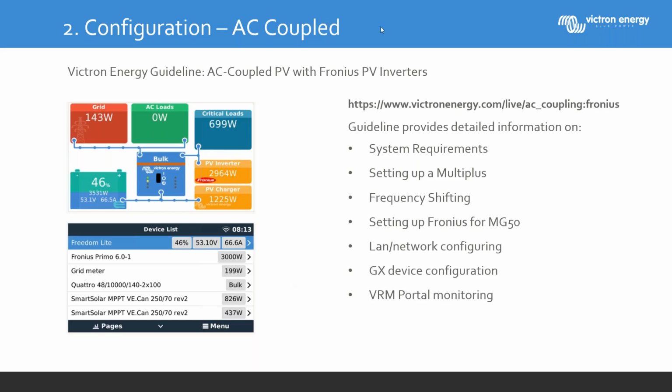You also need to check the LAN and network connection, and do some GX configuration if you have a GX device, and the VRM portal if you want to do remote monitoring of the system. The GX device and the VRM are optional. The system can work without a GX device, but it's always better to have one, so you have communication with the system and you have monitoring.